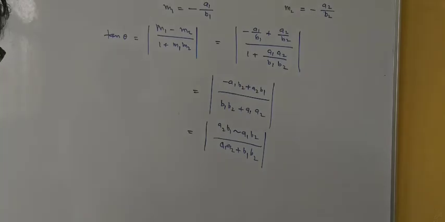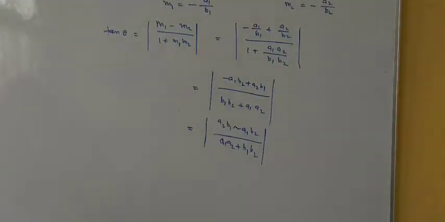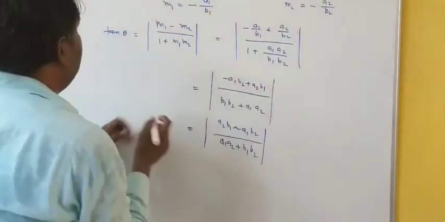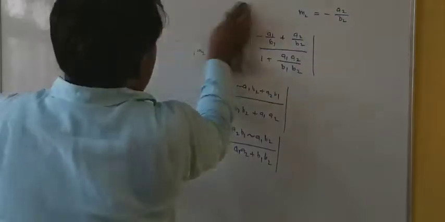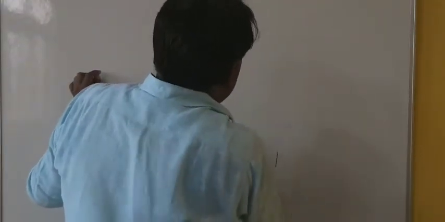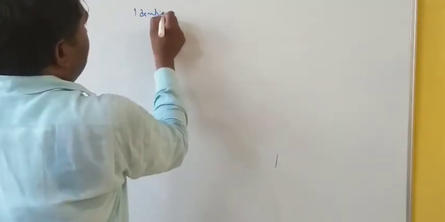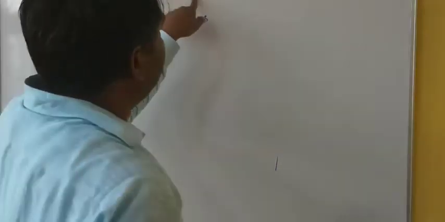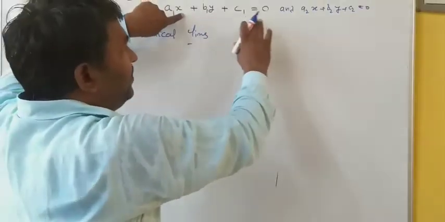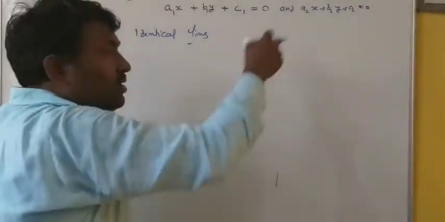Some numericals, and one more condition, identical lines. Two lines are said to be identical if the ratios of the coefficient of x, coefficient of y and constant terms are equal.